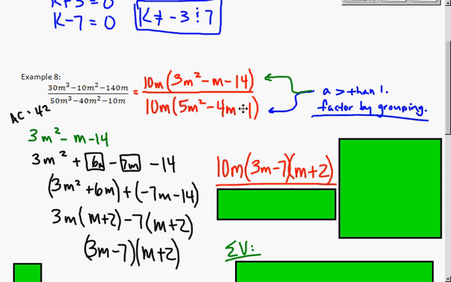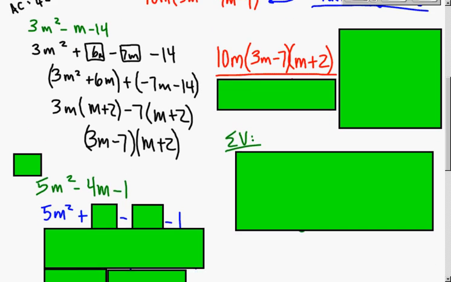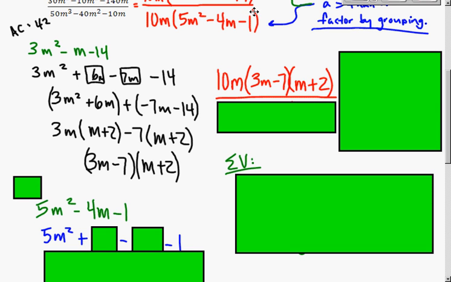So now we need to factor by grouping for the denominator. Factoring by grouping for the denominator, we have the 5m squared minus 4m minus 1. The trinomial is minus minus. Therefore, you would have a plus minus. The product of a times c would be 5 or negative 5. You would take the product of AC, and it has to have a sum of b.